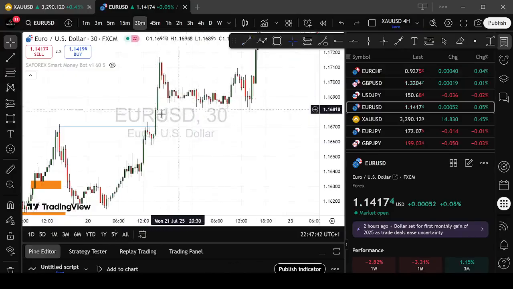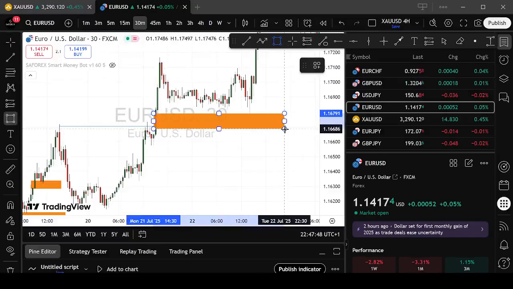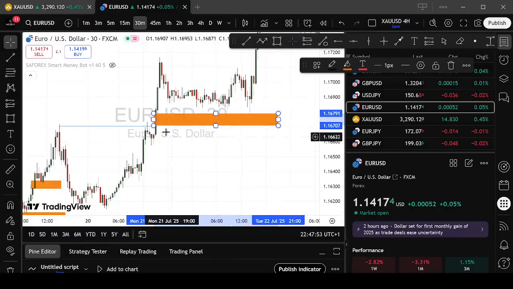And you can see how the market came into the imbalance and tapped in, right? And tapped in. And if you check each of the tapping, you are seeing your three candle pattern formation. One, two, three, swing low.